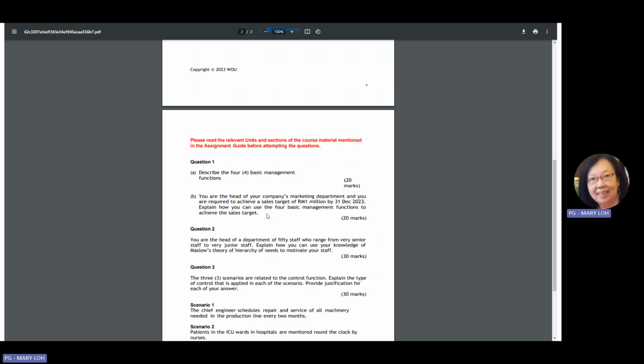The next thing you have to do will be to set up the structure of the marketing department, to allocate different duties and responsibilities to your sales and marketing staff. One possible way is to assign different territories to your salespeople. Let's say you have 5 salespersons. One salesperson will be in charge of the Northern territory, the northern part of Peninsular Malaysia.